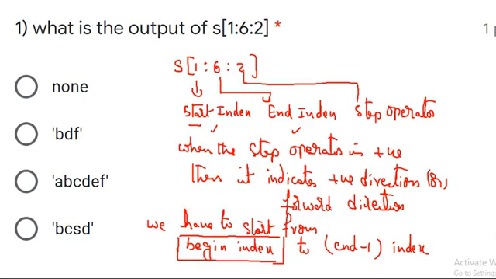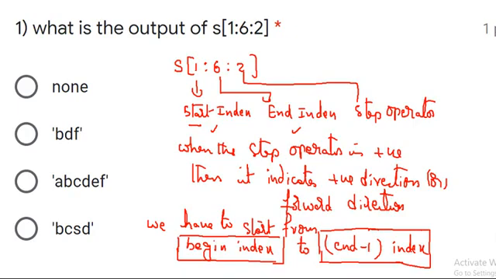Because your step value is positive, we travel in the positive direction, that means from the lower index to the higher index. So begin index to end minus 1 index. Here the step value is 2, which indicates that you are considering every alternate value.